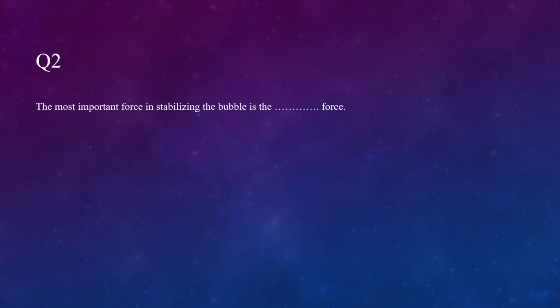In question 2, it is given that the most important force in stabilizing the bubble is dash force. So in fluidized beds, that is in bubbling fluidized beds, bubbles form and the stability of which depends on several factors. So which are the forces that influence the bubble formation inside the system?